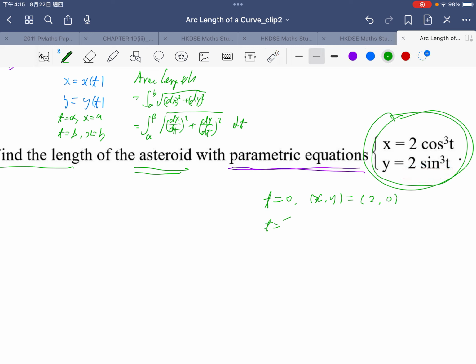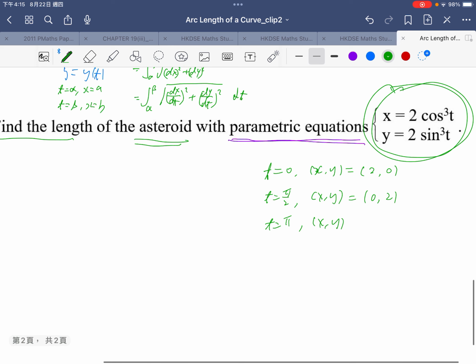For t equal to pi over 2, then x, y is equal to 0, 2, and then t equal to pi. Of course, 0, pi over 2, pi, 3 pi over 2, and 2 pi are the characteristic points of the sine and cosine functions.